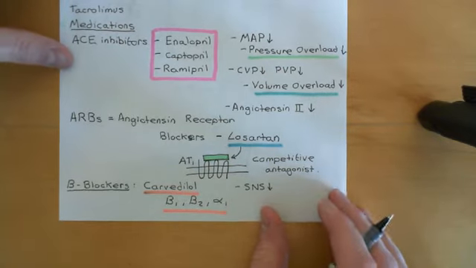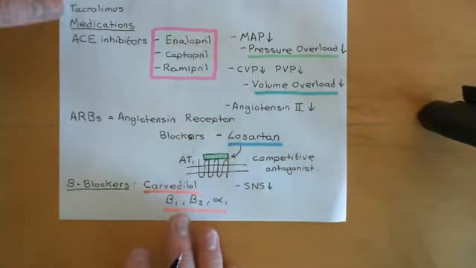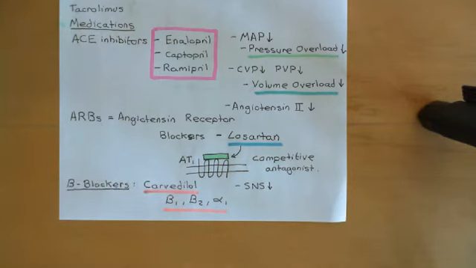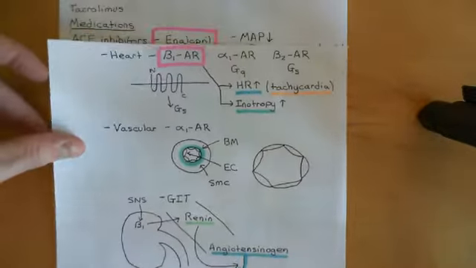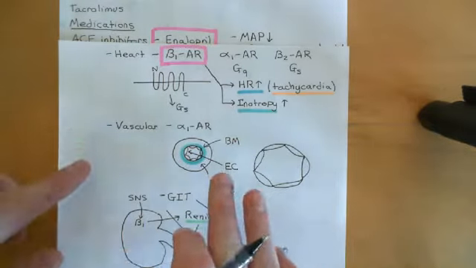In addition, of course, this beta blocker is also going to help to reduce other effects of the sympathetic nervous system. So if I get my picture of the sympathetic nervous system back up, remember, the sympathetic nervous system had other effects other than just on the heart.